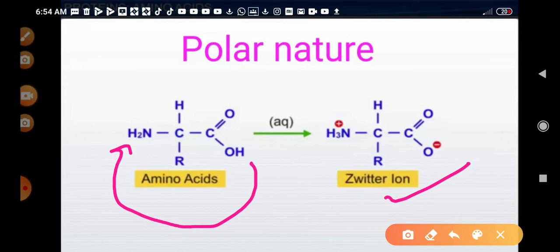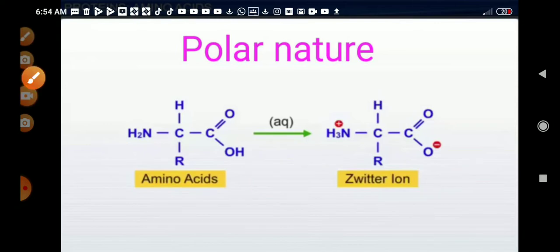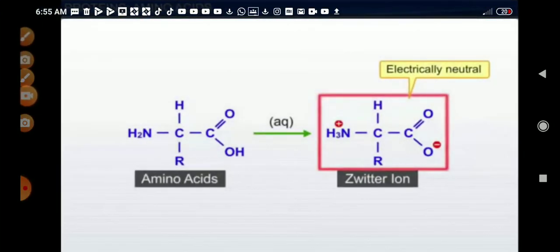So the zwitterion has two poles here. Therefore amino acids have polar nature. And the zwitterions are electrically neutral because they develop the same number of positive and negative charges. So the net molecule is actually electrically neutral.